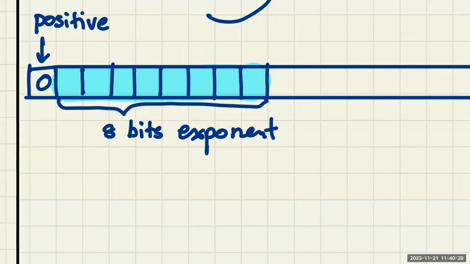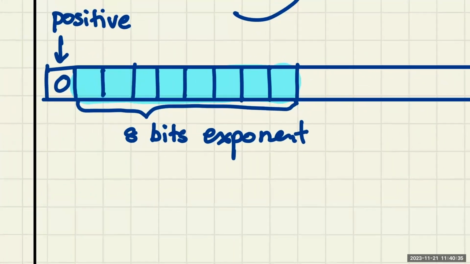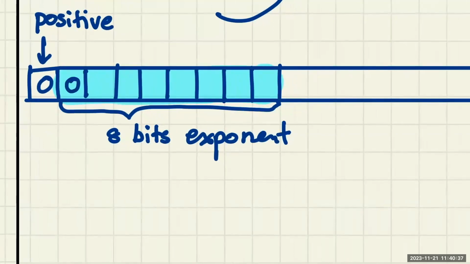For the exponent, we have positive 6. So we put 0 because it's a positive exponent.